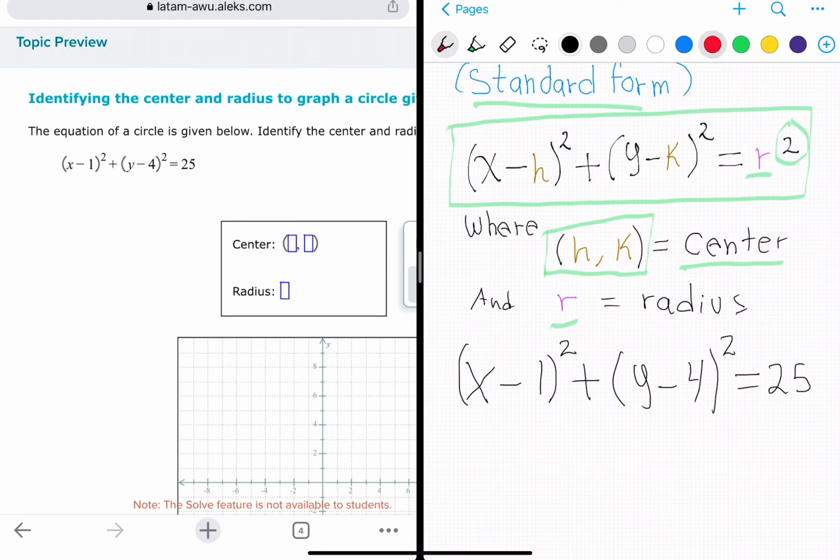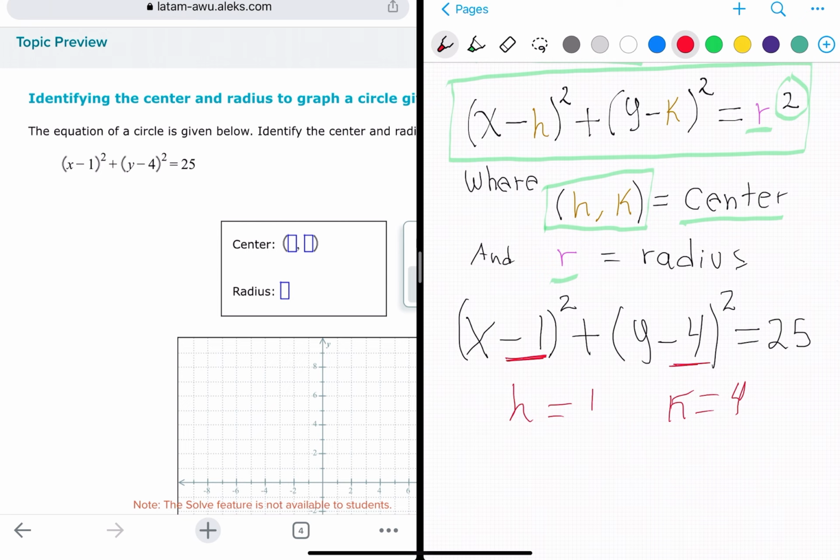So in this example, what is the value of h? 1. What is the value of k? 4. So h is 1 and k is 4. Hence, we can determine that the center (h, k) of our circle is going to be placed at (1, 4).